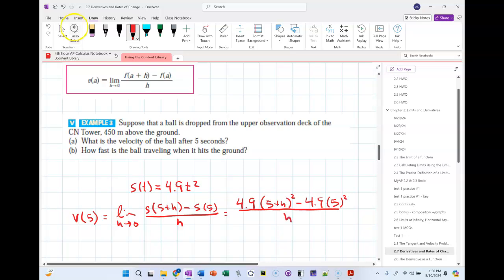What did I do wrong? Who sees it? Mr. Kulik made a mistake. Look at it. Nobody sees it? Somebody's got to.